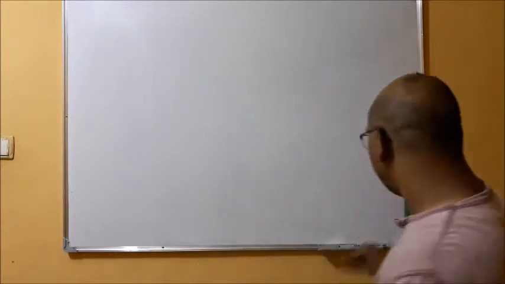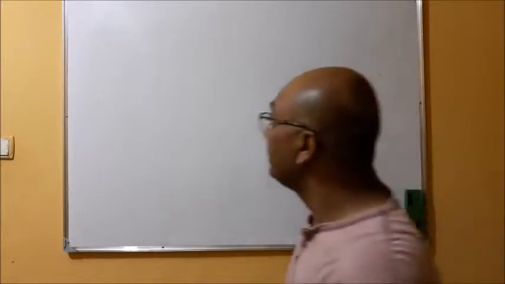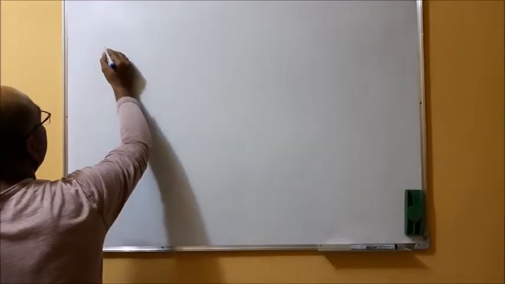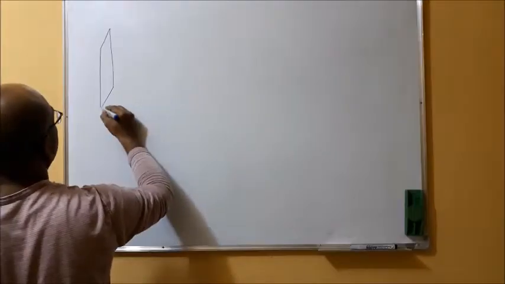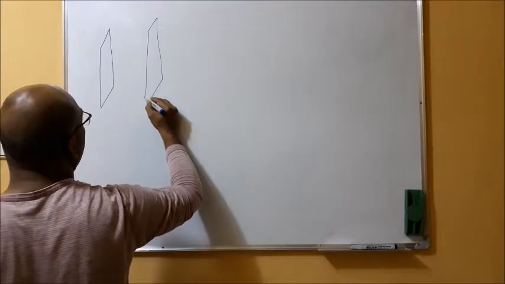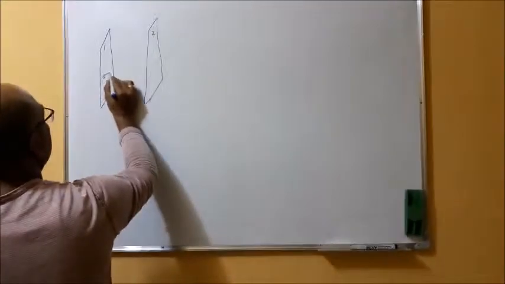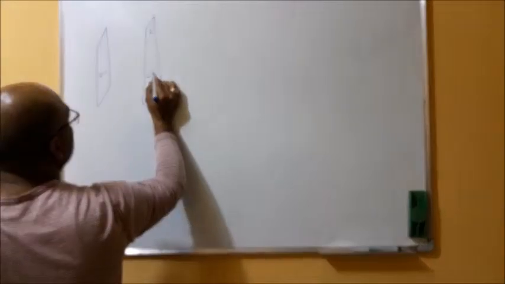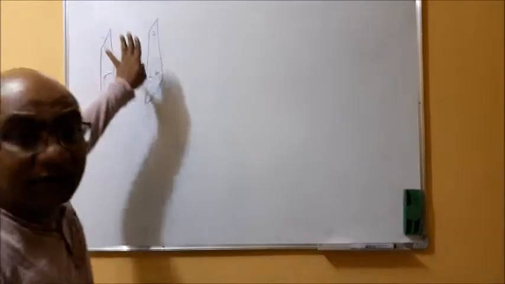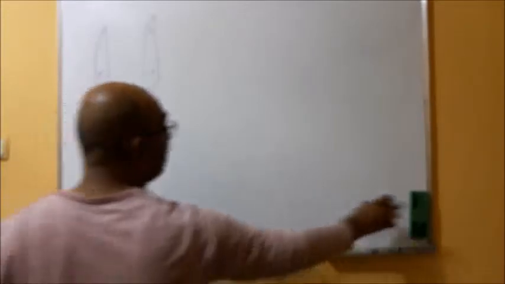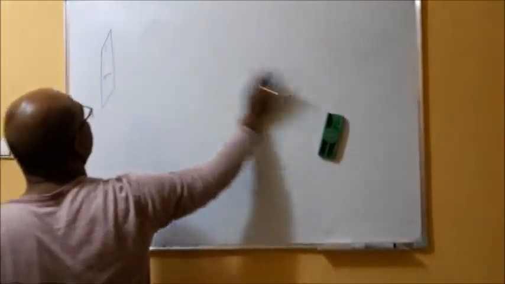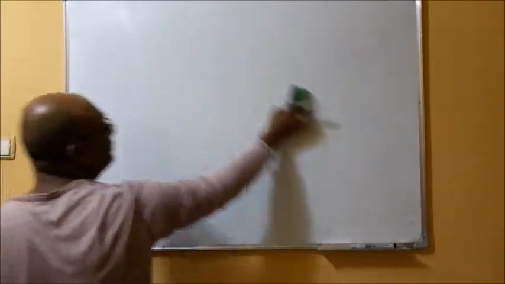I told you in my previous video that if we have, suppose, a parallel plate capacitor or any type of capacitor having the two surfaces 1 and 2, and this does not look like equal area. This is wrong, a wrong drawing by me.